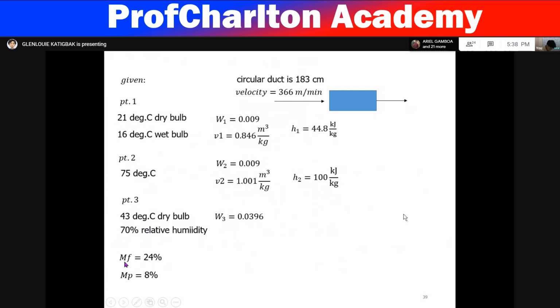The moisture percentage of the feed is 24%, and the moisture of the product is 8%. It also says the velocity of the entering dry air is 366 meters per minute, and the cross-sectional area is 183 cm in diameter.